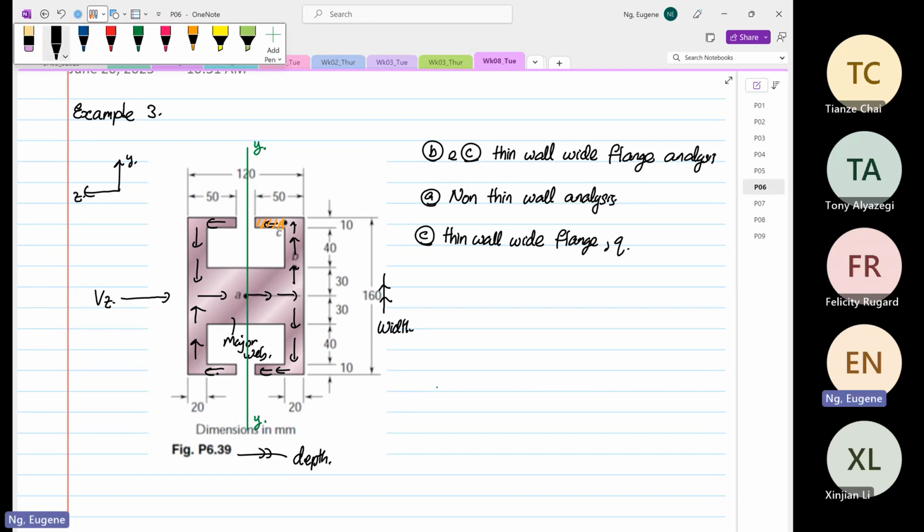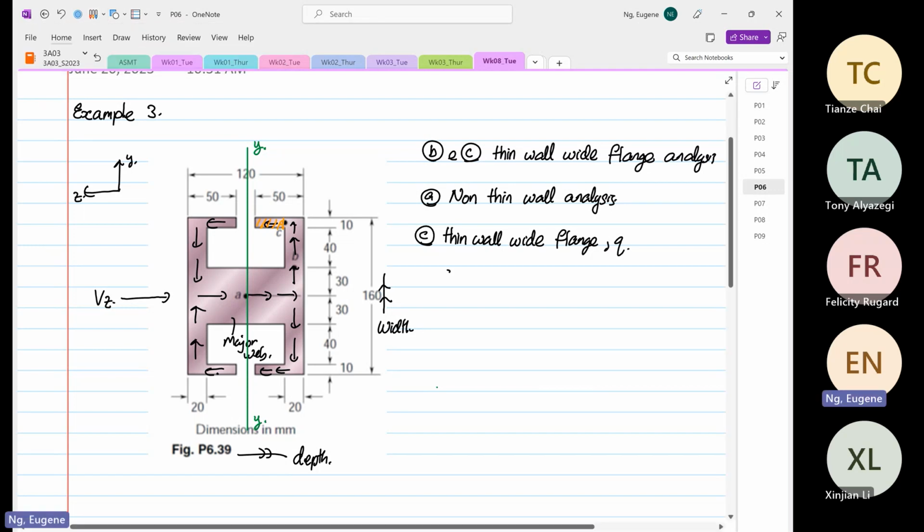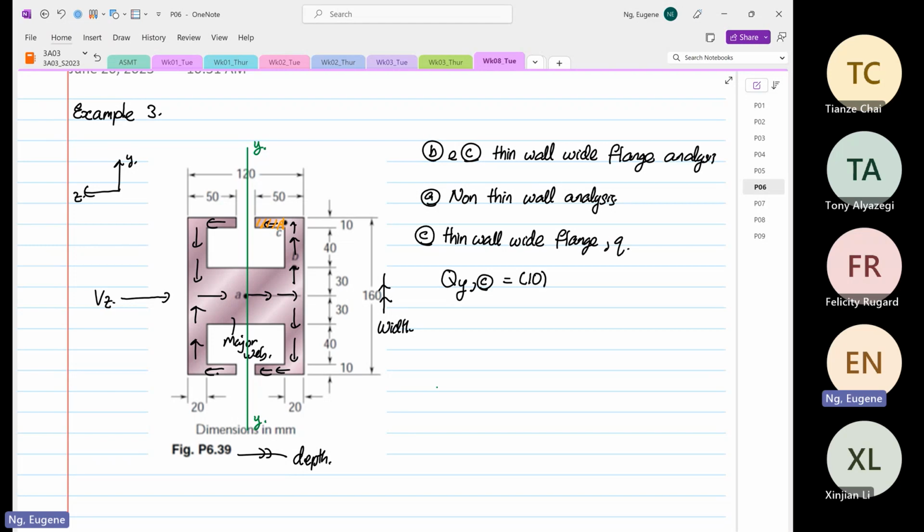So first moment of area about the y-axis at point C now, okay? So at point C, we now know the width is 10. You see the difference, right? It's so important to label what is the width. And then we realize the depth is 30, right? So here to here is 30, right?